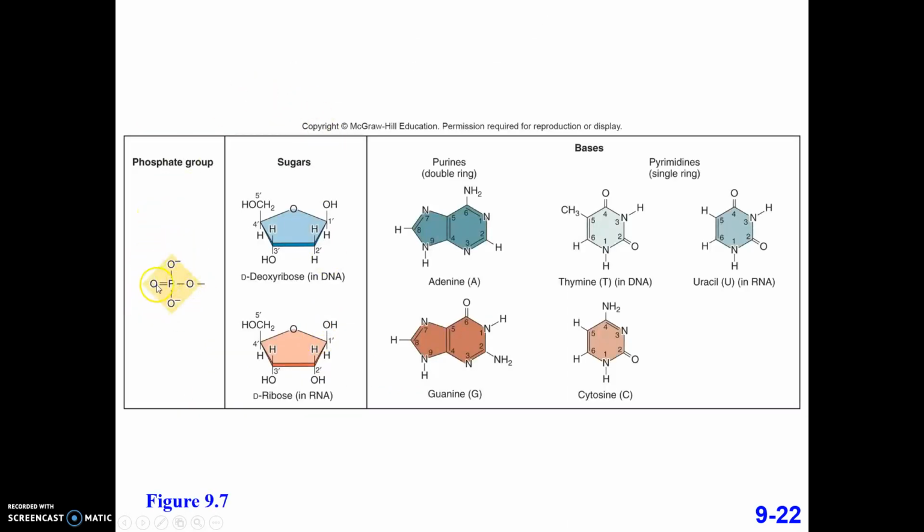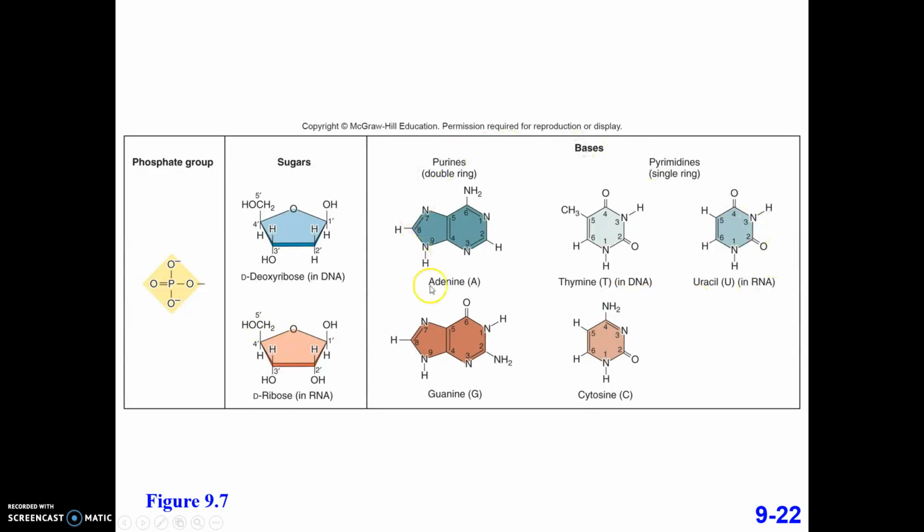So here's the phosphate group. We have a phosphate in the center surrounded by oxygens. There is a double bond to one of those oxygens. The sugars, we have 5 carbon sugars, so 1, 2, 3, 4, and 5. Down here, 1, 2, 3, 4, and 5.